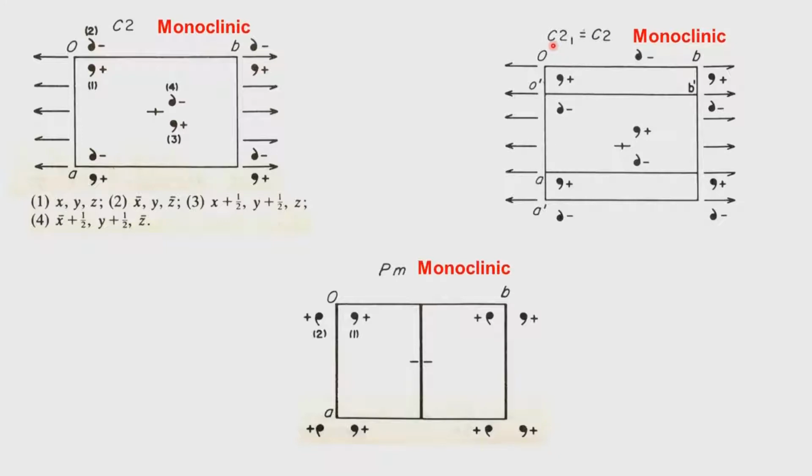Now, if we consider the presence of the 2-1 screw axis, the 2-1 screw axis will appear again at half position, and so this particular point which we see here now looks at the 2-1 screw axis here, and because of that presence of this 2-1 screw axis, this should undergo a 2-1 screw operation which will take it to this point.